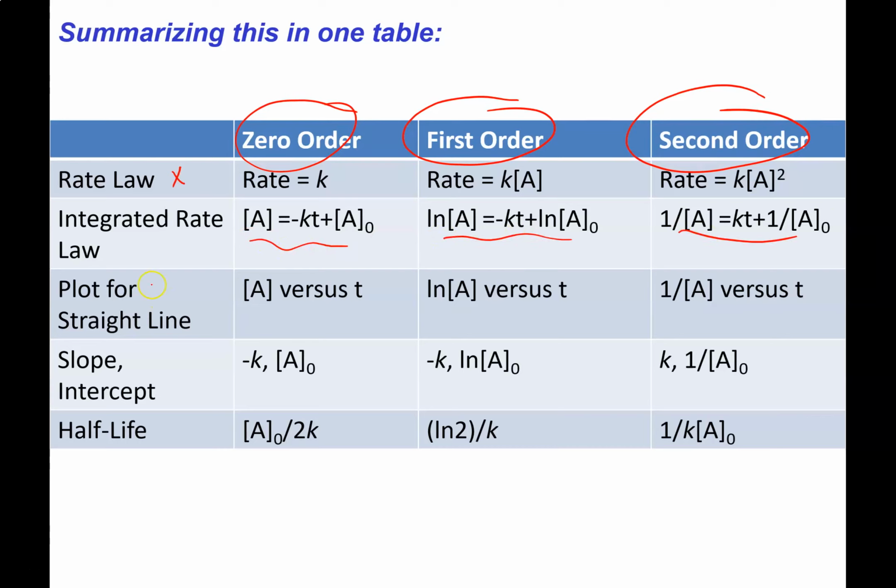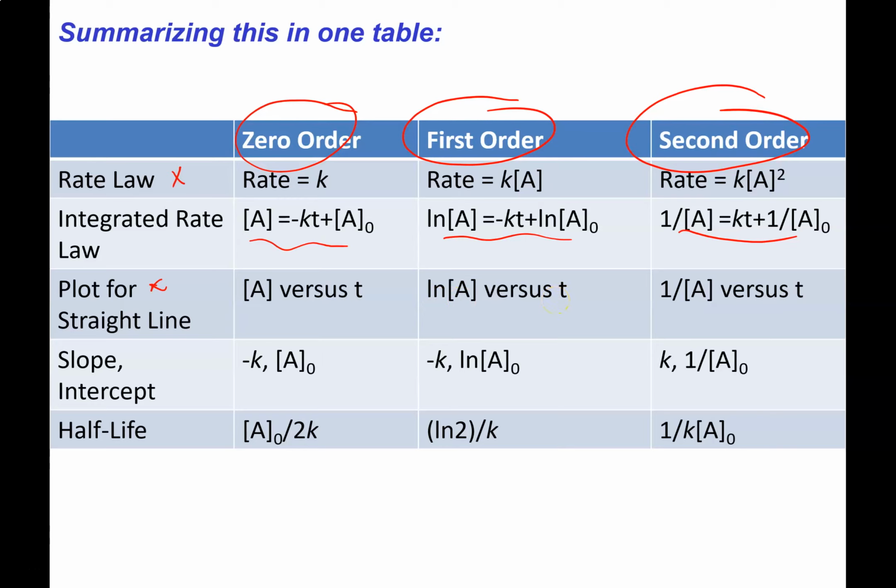We then see under here a list of how you do what we call the straight line test, what you need to plot. You can do A versus t. If that has a negative slope and is linear, then you've got a zero order process. You can plot log of your concentration against t.